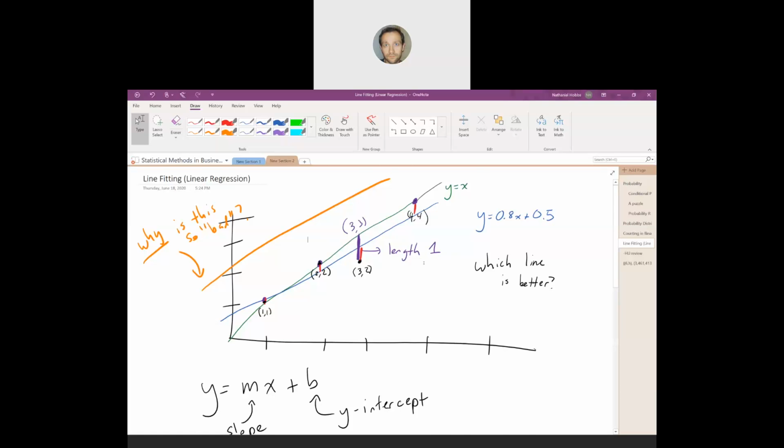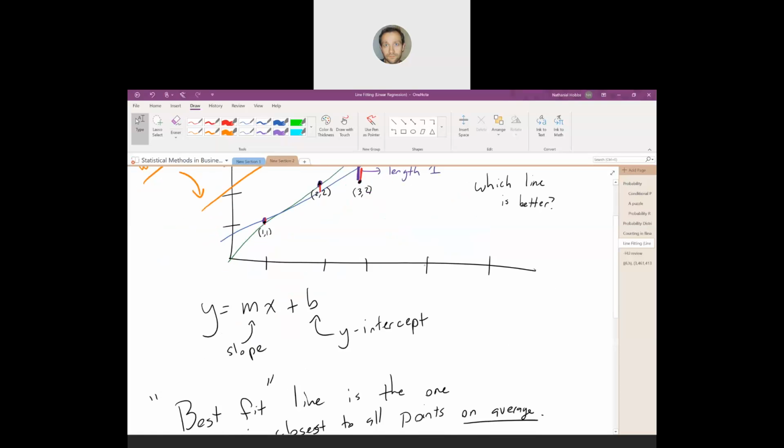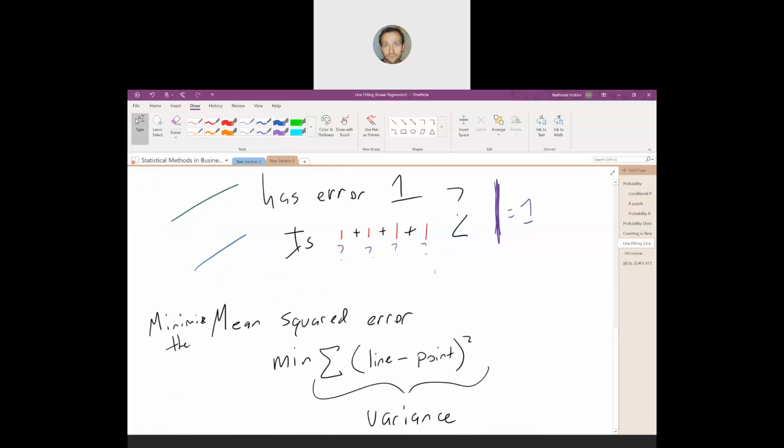And the best line is the one that has the smallest score, where the score is the sum of the distance between the line and the points. That's the error. The line didn't pass through the point. The line is far away from the point. How far? Well, at that point, how far is the closest distance from that point to the line?